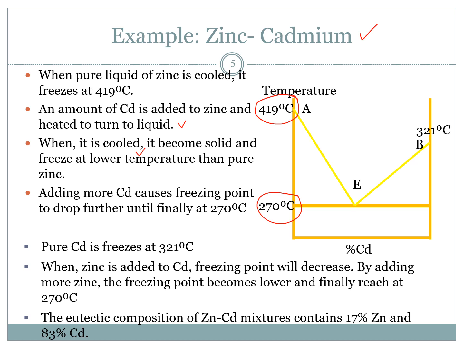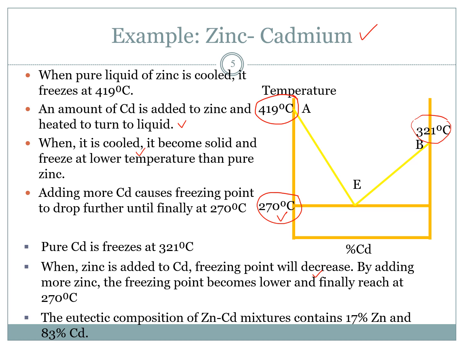Meanwhile, for pure cadmium, it freezes at 321 degrees Celsius at point B. So when zinc is added to cadmium, freezing point will decrease. By adding more zinc, the freezing point becomes lower and finally reaches 270 degrees Celsius.